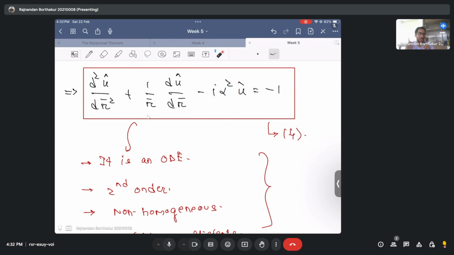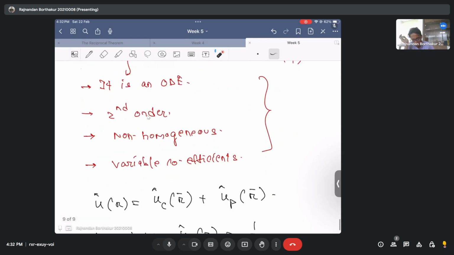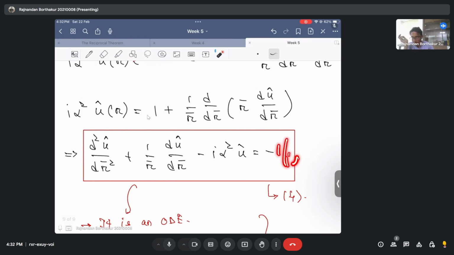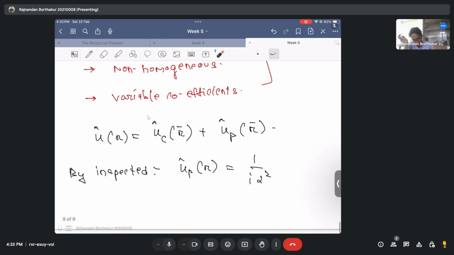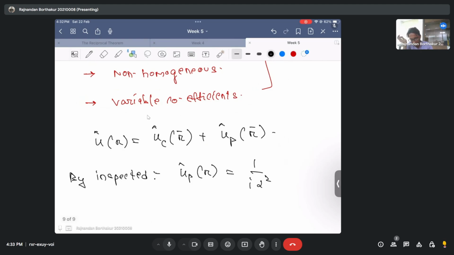This saved us from going to more general methods for calculating the particular integral. That was possible because the right hand side is just a constant. So that's the particular integral that we have.